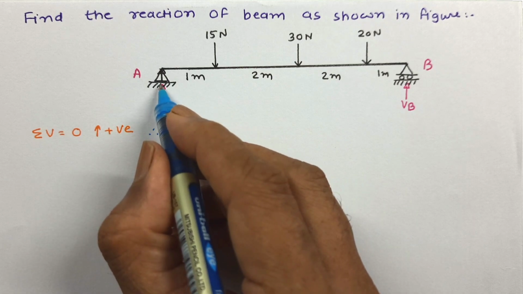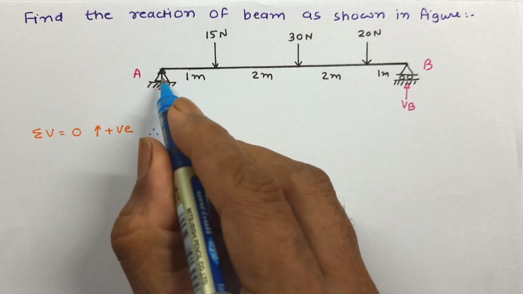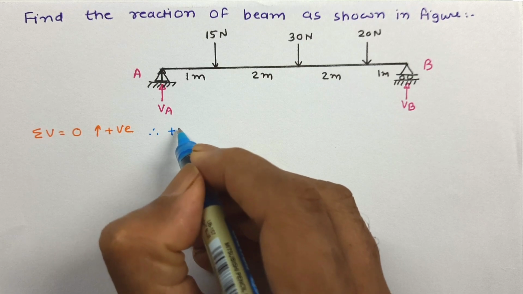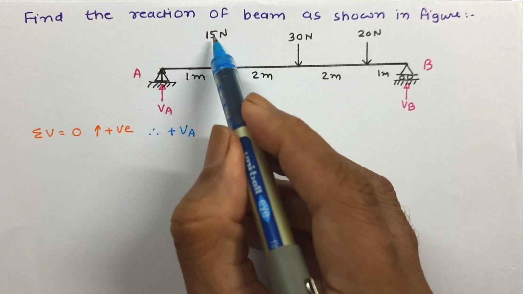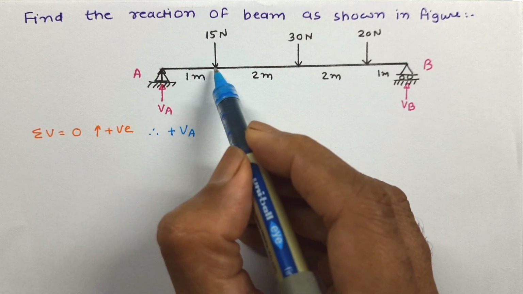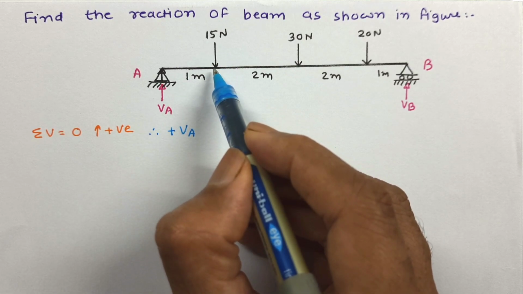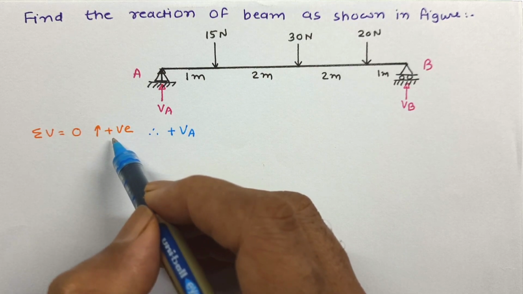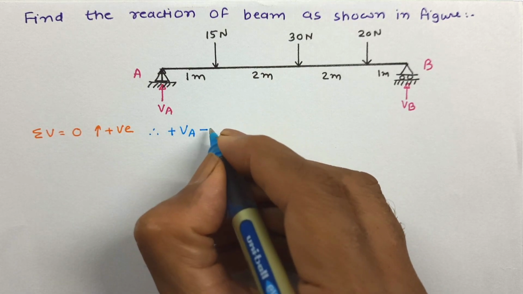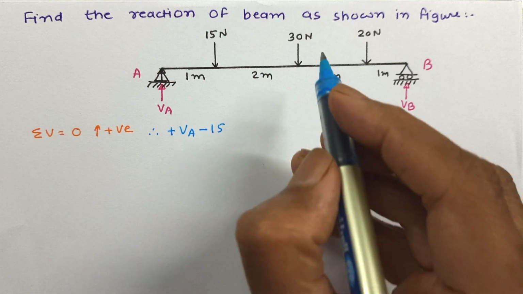We will start with VA. VA is in the vertically upward direction, so it will be plus VA. Then the 15 kilonewton load which is acting in the downward direction. According to the sign convention, downward force is negative, so we will write minus 15.